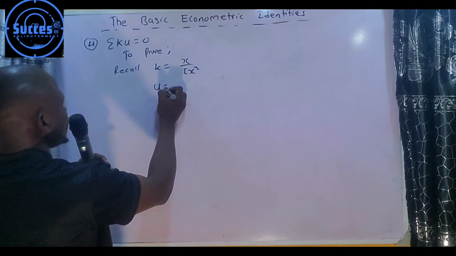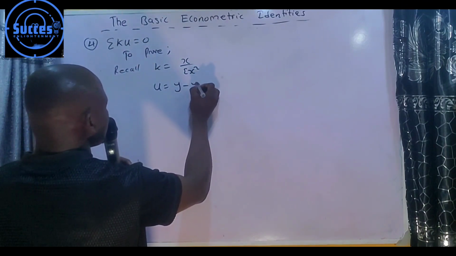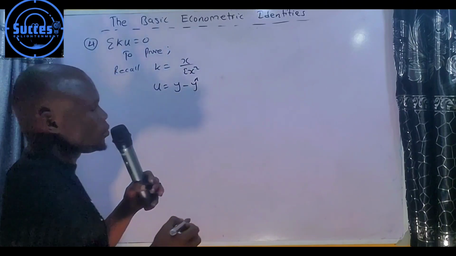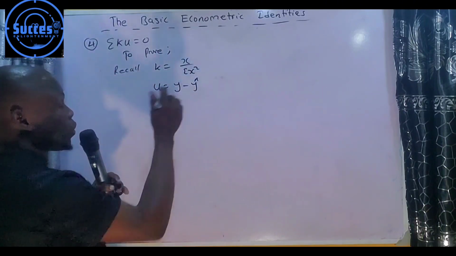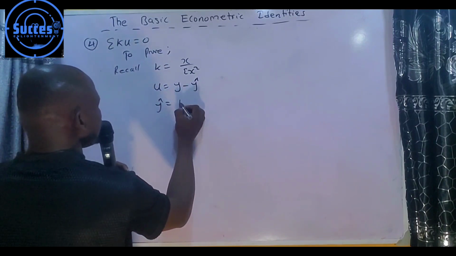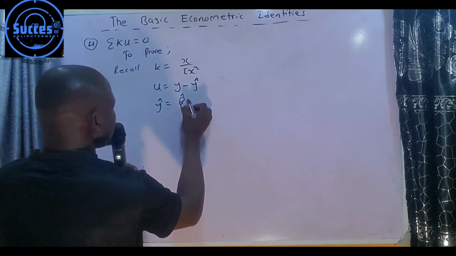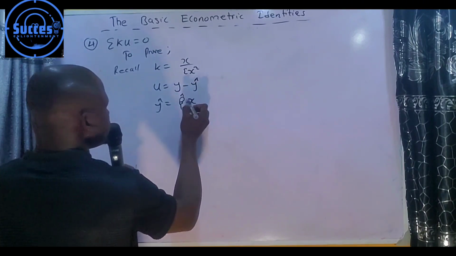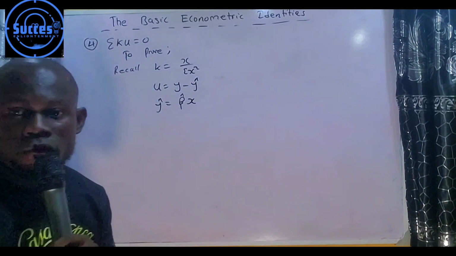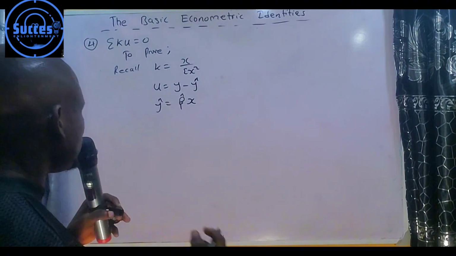What is our u? Our u equals small letter y minus y cap. Okay? Now already from our first proving, we already established our y cap equals beta cap x. That's our first proving. Alright, so from here, let's go ahead and substitute this value and make our proving.